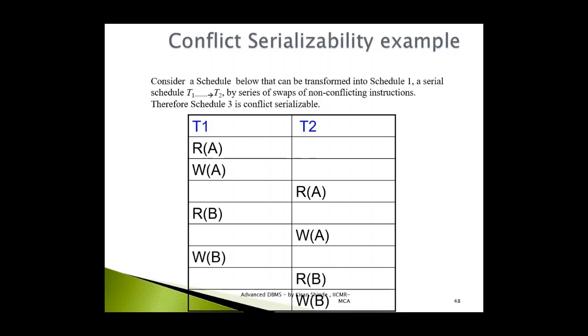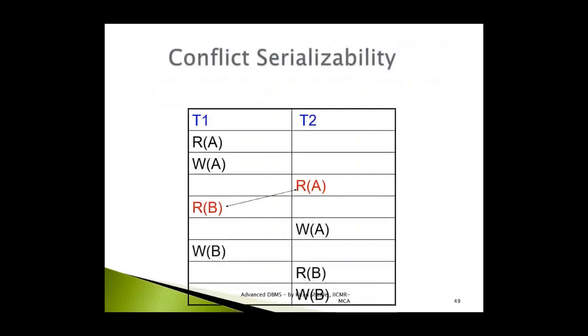So we will slowly try to understand and observe this particular schedule and initiate the swapping of non-conflicting instructions. Let's start. First of all, we see the instruction in T2, that is read A, and the next instruction in T1, that is read B. If you observe this pair, yes, these are not conflicting with each other. Why? Of course, when there are two read operations, there is no problem as such.